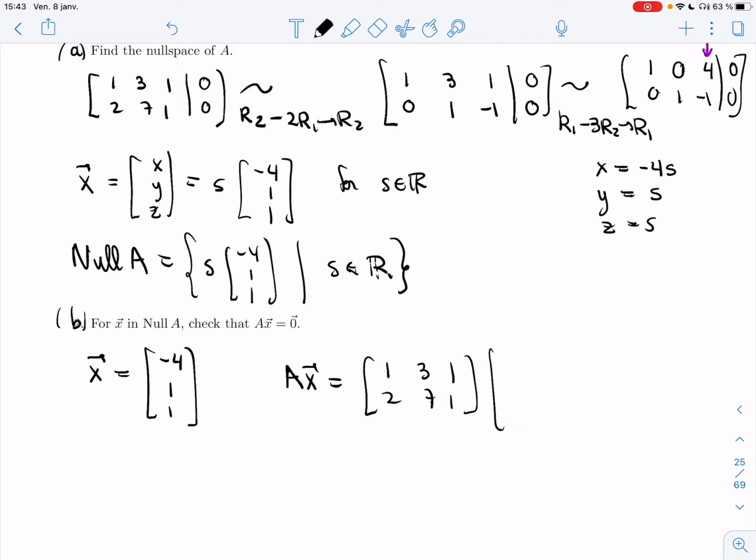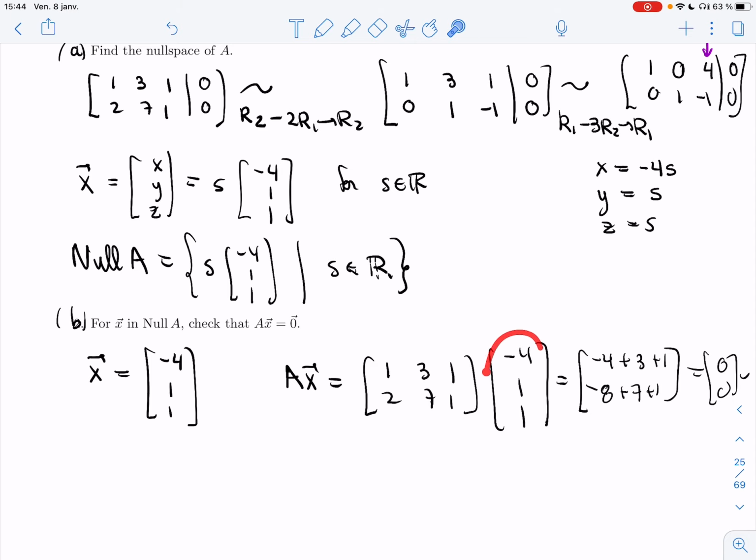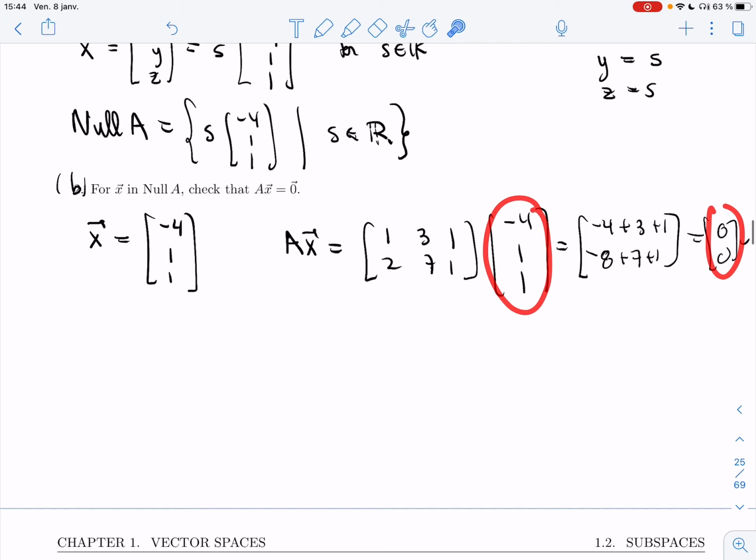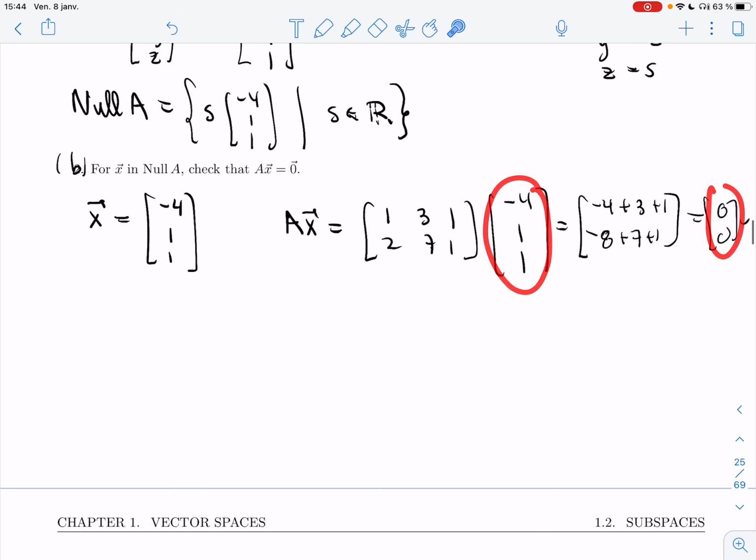I want to multiply it by minus 4, 1, 1. I'm going to get minus 4 plus 3 plus 1, and then minus 8 plus 7 plus 1. I do get 0, 0. Notice that they're not the same size because A is not a square matrix, but it doesn't matter. If I multiply A by X, I get the 0 vector.